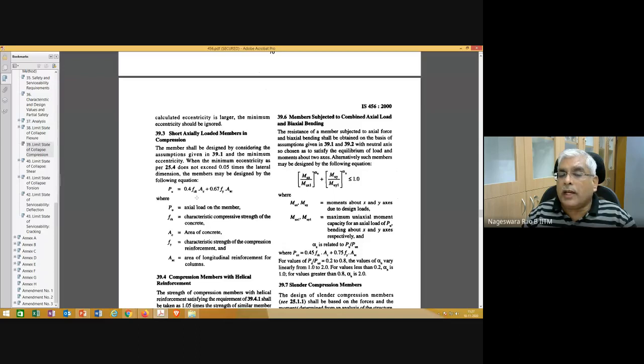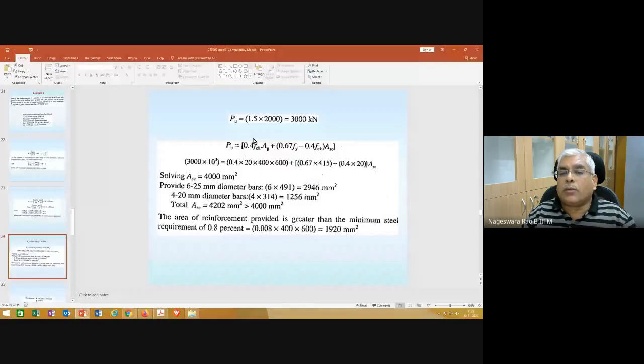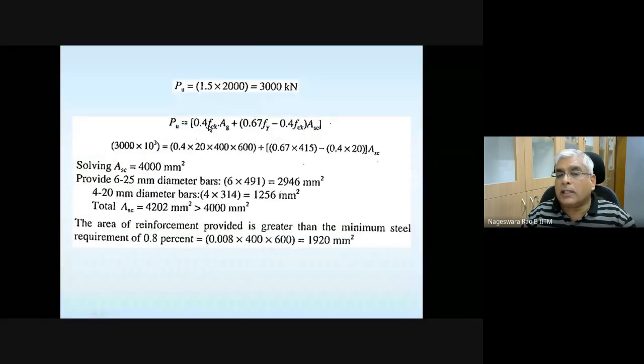That is what is actually done here: 0.4 FCK times the gross cross-sectional area. If you remove this bracket and read, 0.4 FCK multiplied by the area of compression steel is subtracted. So then you are going to get the area of concrete. That is taken care of here. And this is the second portion of that equation, 0.67 Fy ASA.